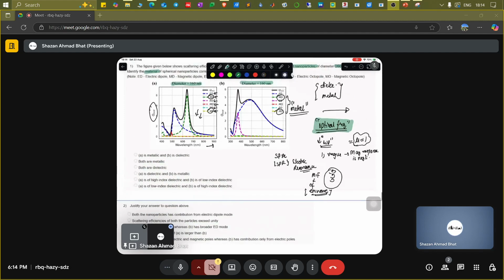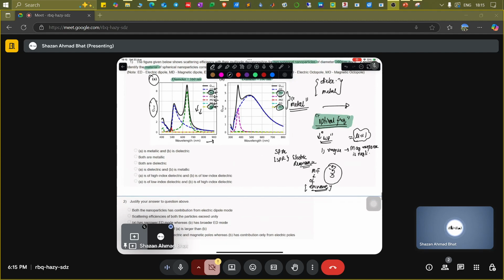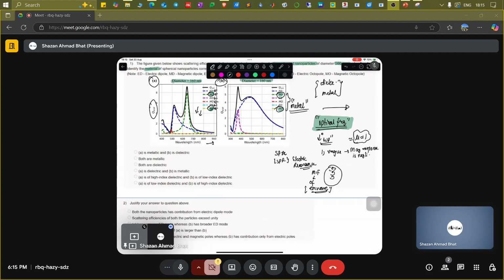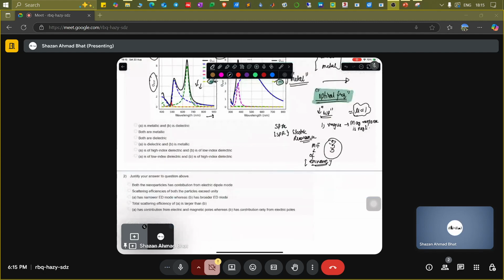So that's why these rich features are, first of all, features of the dielectric, and you don't get the magnetic dipoles and magnetic octopole in a metallic system. So that means A is going to be dielectric, and B is going to be metallic. This is the answer to this question.